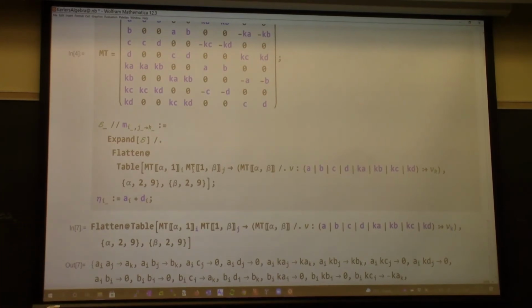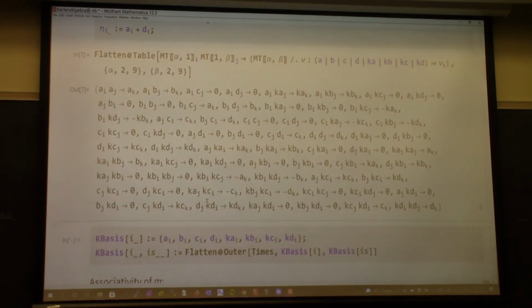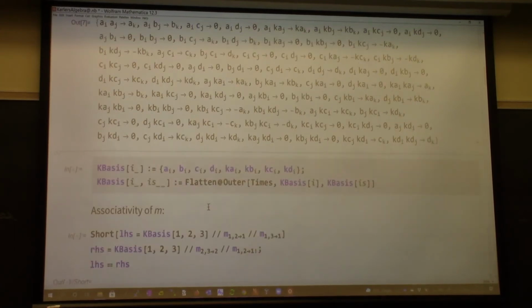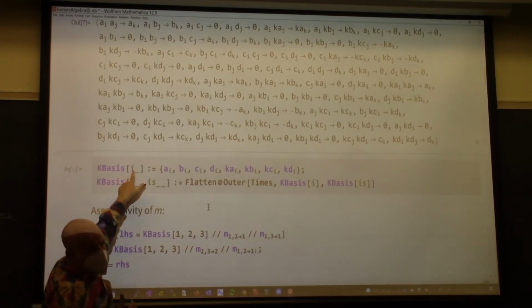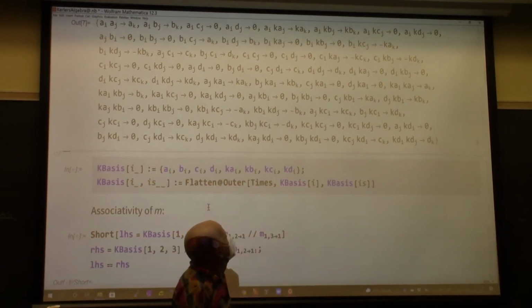And then I want to check associativity and all that. For this, I need to know the basis. So the basis of k at one tensor factor, called i, is just the 8 generators.